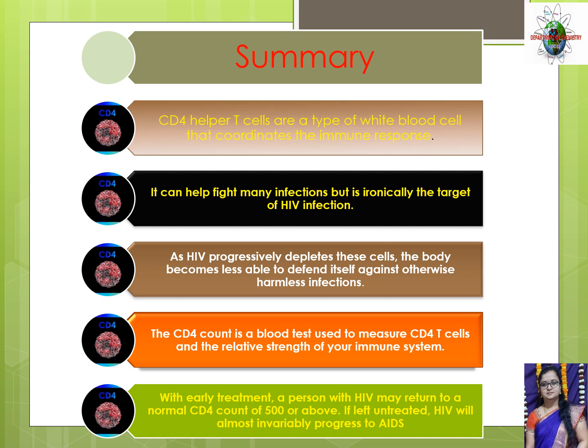As HIV progressively depletes these cells, the body becomes less able to defend itself against otherwise harmless infections. The CD4 count is a blood test used to measure CD4 T cells and the relative strength of our immune system. With early treatment, a person with HIV may return to a normal CD4 count of 500 or above. If left untreated, HIV will almost invariably progress to AIDS.